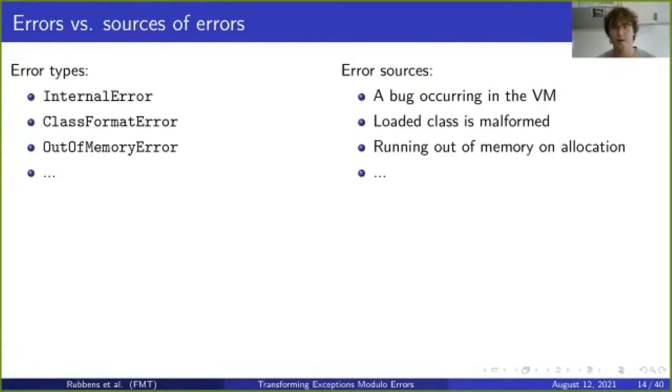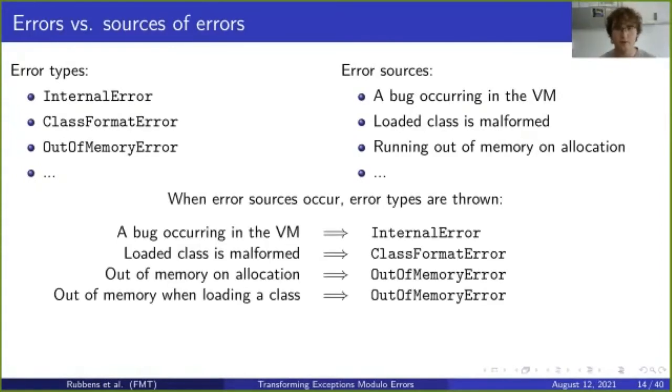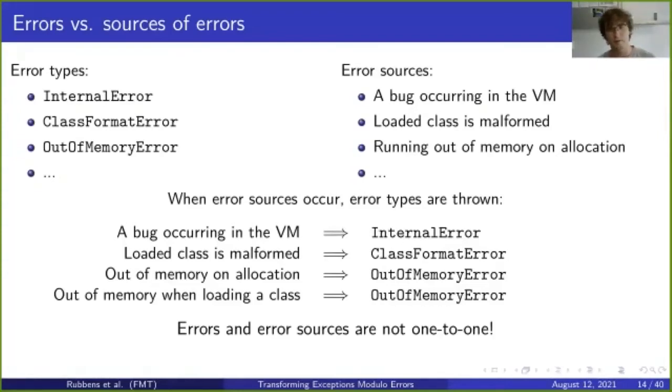So the error source of running out of memory is not exactly the same thing as the out-of-memory error type. So when error sources occur, error types are thrown. It's important to note that there is a mapping between these, but they are not one-to-one. So one cannot simply get rid of the one by just excluding the other. This is a complicated mapping.